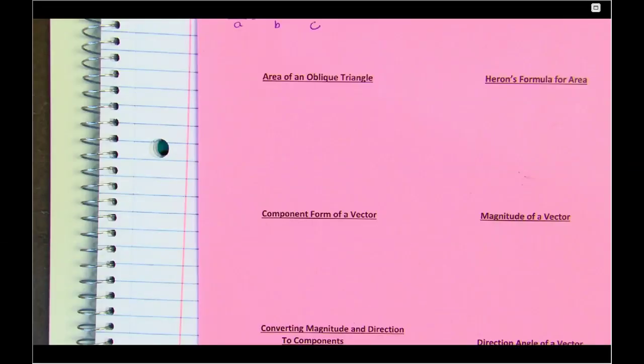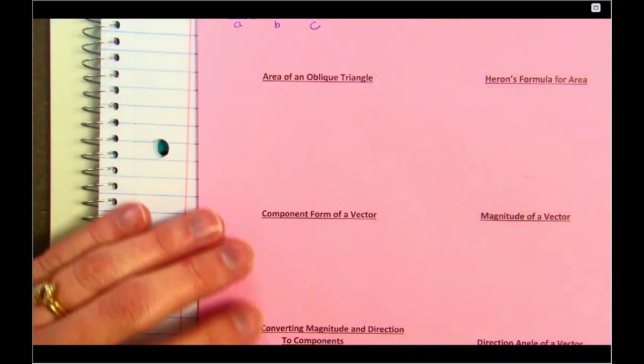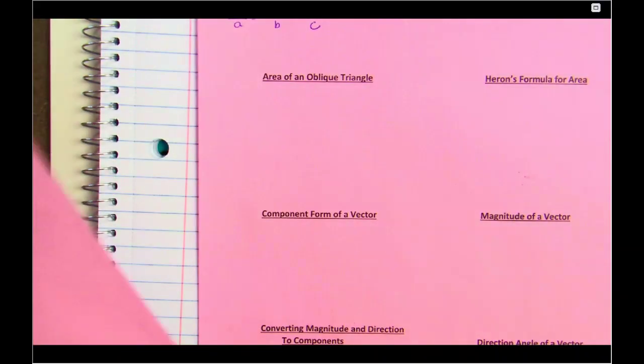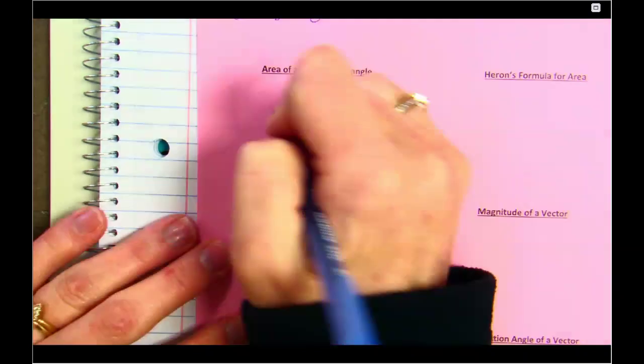You can't just say, here's an oblique triangle, the base is 12, and I like this length, it's 15, so I'm going to use that as the height. It's not the height of the triangle. The height is perpendicular to the base. So if we have an oblique triangle, which is a non-right triangle, which we talked about yesterday, there is a formula you can use to find its area.